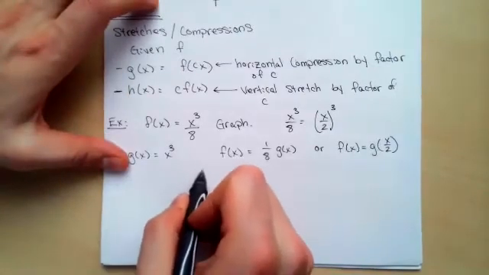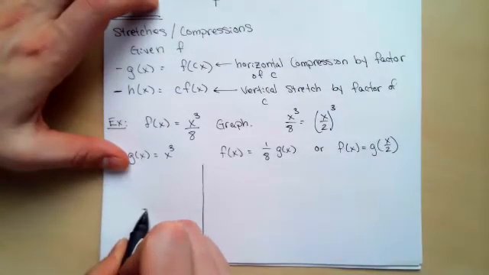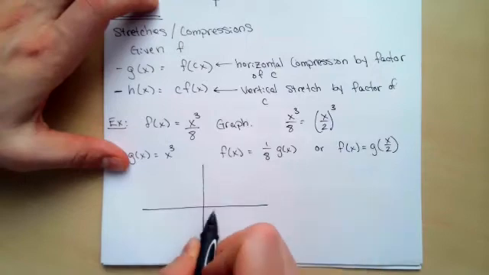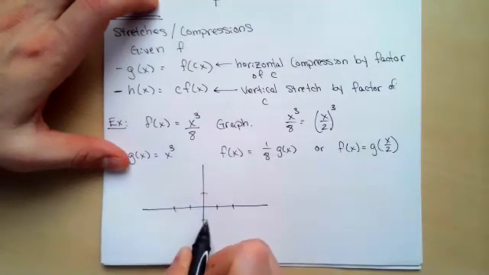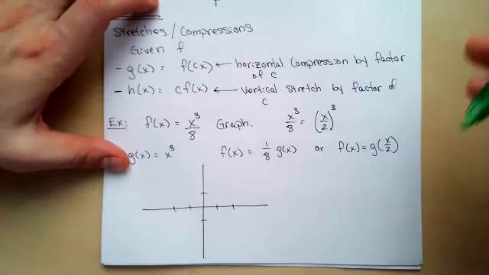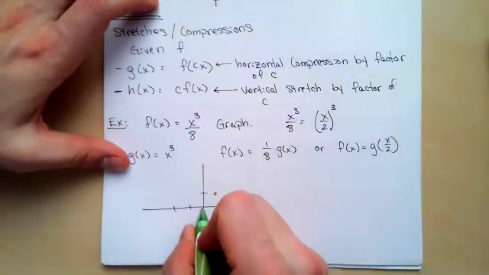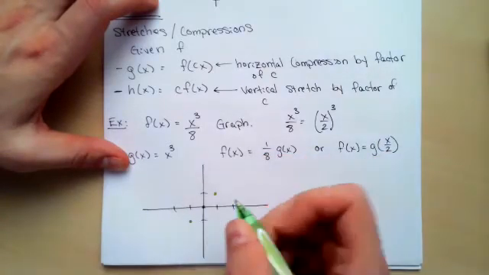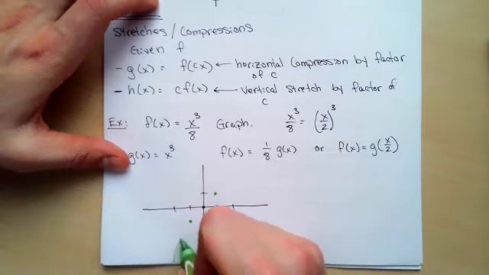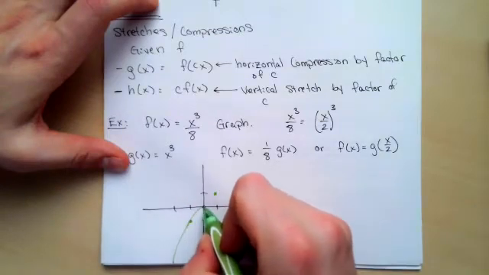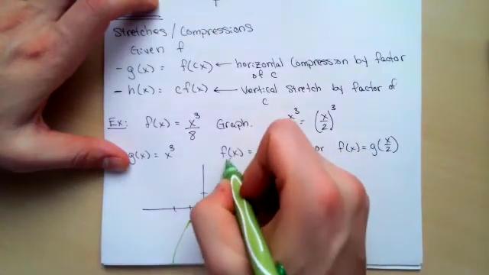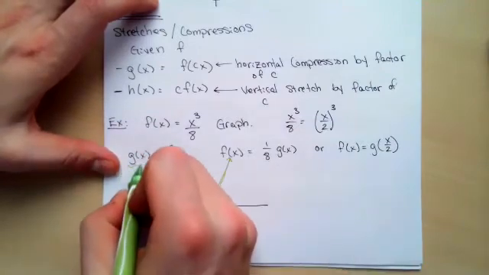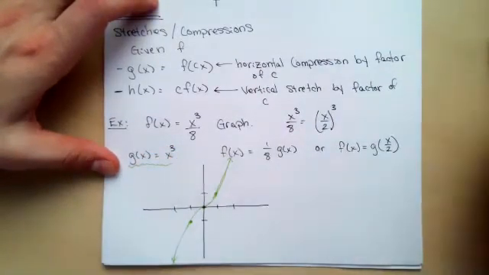So how do we graph this? I don't know if we'll have enough vertical space since cubes get really big really fast. But we can plot at least our key points here. So our green's our parent function, just x cubed.